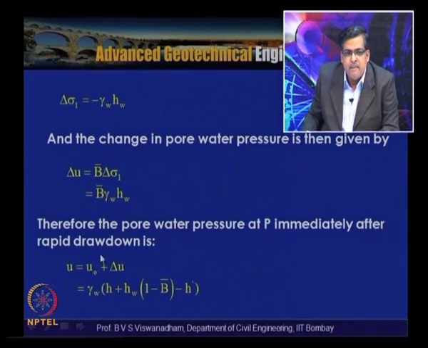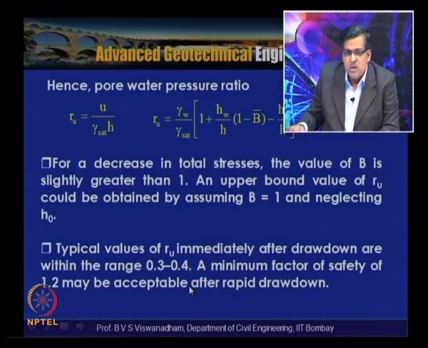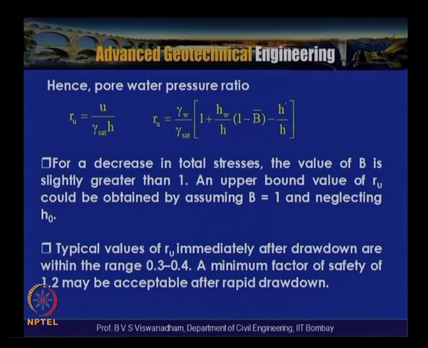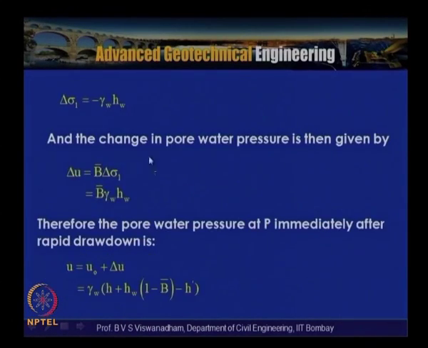Then we get U, the pore water pressure at point P immediately after the rapid drawdown, as gamma W into H plus HW into 1 minus B dash minus H dash. Now, using the pore water pressure ratio, RU is equal to U by gamma sat H. Substituting for U, this expression is gamma W into H plus HW into 1 minus B dash minus H dash.